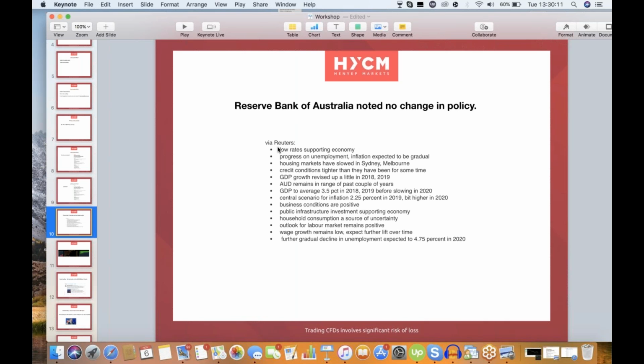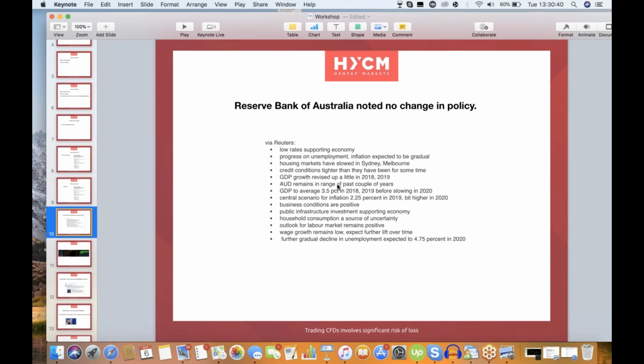This was via Reuters, one of the key news feeds that professional traders follow, Reuters, Bloomberg. They were saying the low rates were supporting the economy. So in other words, they're going to keep those low rates. There's progress on unemployment. Inflation is expected to be gradual, so reasonably optimistic terms. Housing markets have slowed. Credit conditions are tighter than they have been for some time. GDP growth rose a little.